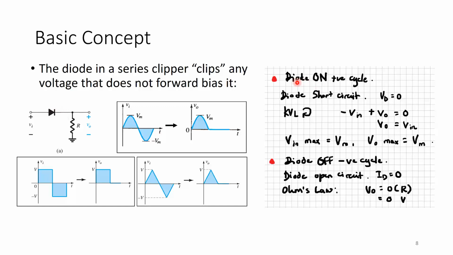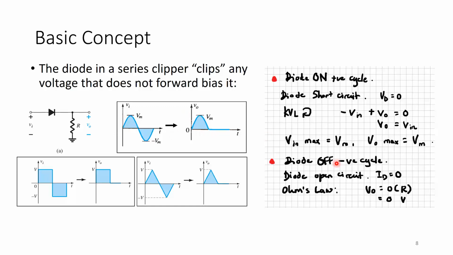When the diode is on in the positive cycle, it becomes a short circuit, which means Vd is equal to 0 because this is an ideal diode. If I do a KVL, I get minus Vin plus 0 plus V out is equal to 0, so V out is equal to Vin. So when it is on, which is the positive cycle, V out imitates Vin, and when Vin is maximum, V out is also maximum.